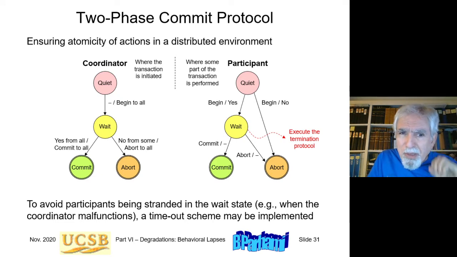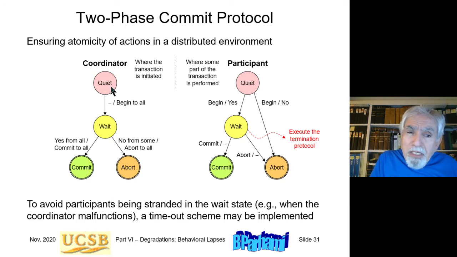It's not a special site, but it's a designated site. And there are participants. So the coordinator and a bunch of participants want to cooperate in performing a transaction. In the previous example, we had one coordinator and one participant, but we can have more than one participant.